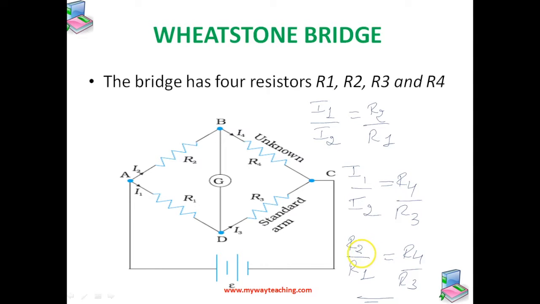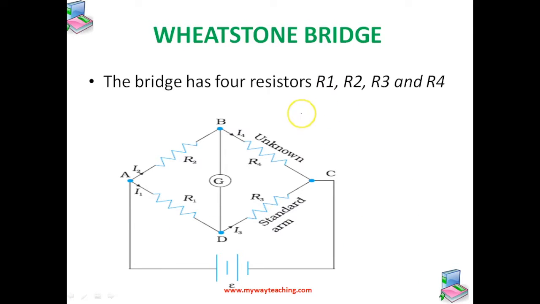From this balance condition, the value of the unknown resistance is given by R4 is equal to R3 into R2 by R1. A practical device using this principle is called a meter bridge. Meter bridge works on this principle only.